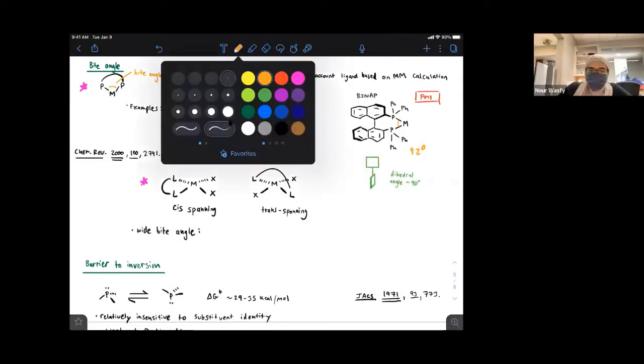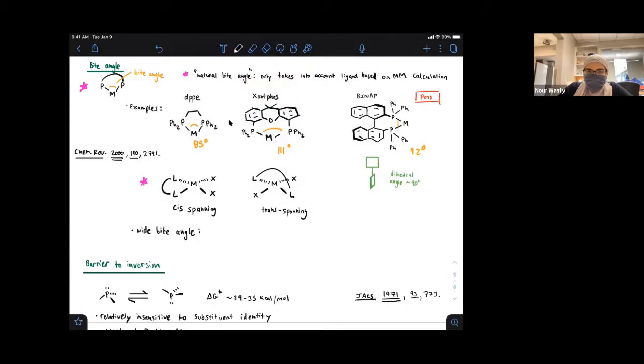Can I ask a quick question? Yes. So you mentioned that 110 is within the range of trans-spanning ligands. What's the threshold of that? It probably is metal dependent. It's a good question. I think it will depend intimately on the size of the metal we're talking about.